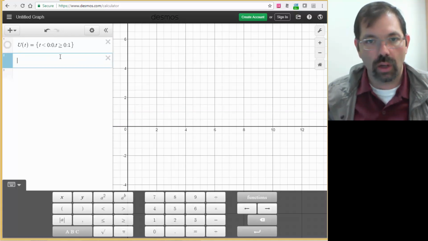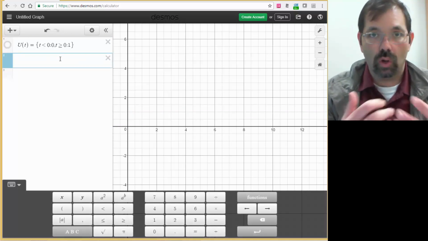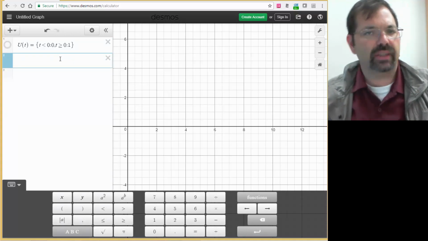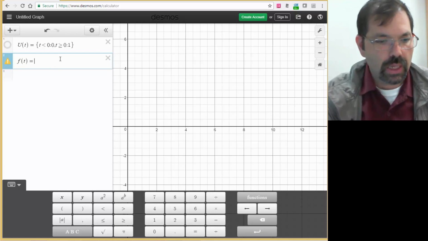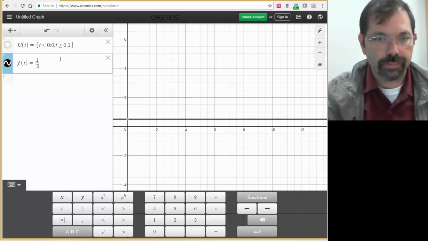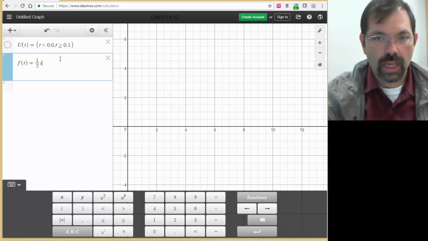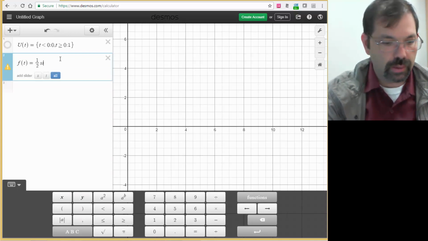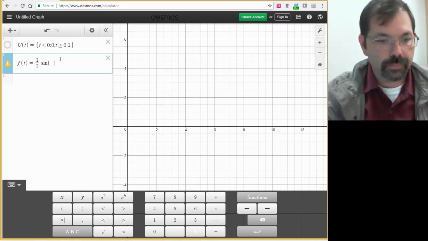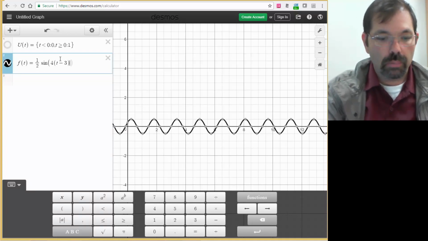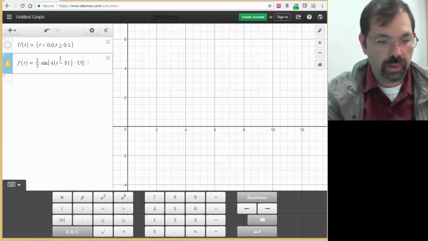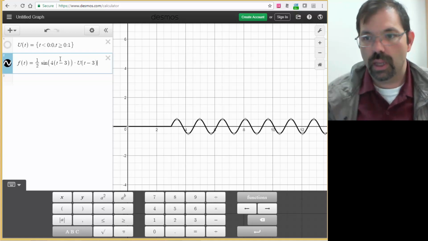Now I'm going to turn that off, and now let's define our position function. I'm not going to use x, I'm going to use f. So f of t is equal to 1/2 sine of 4 times (t minus 3), but that was being multiplied by the unit step of t minus 3.